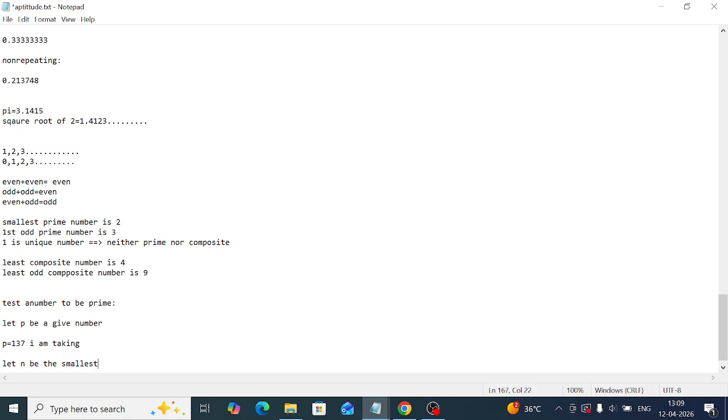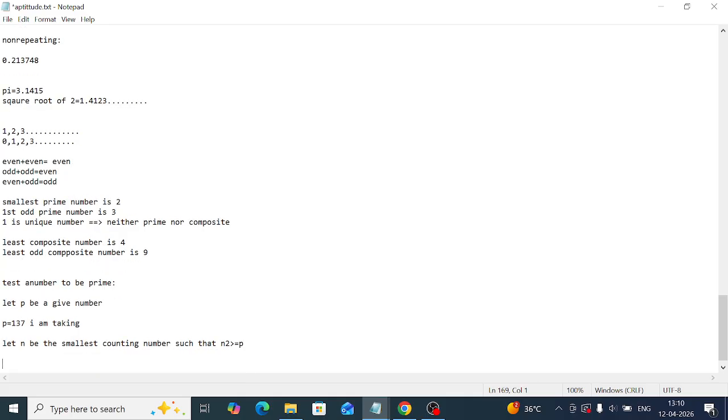Let N be the smallest counting number such that N square is greater than or equal to P.